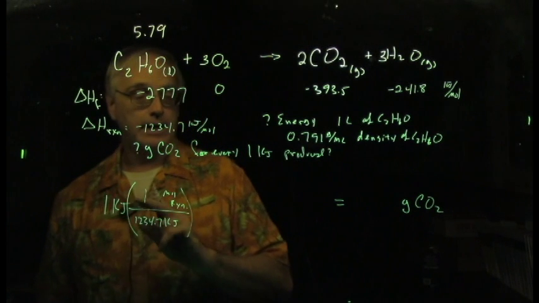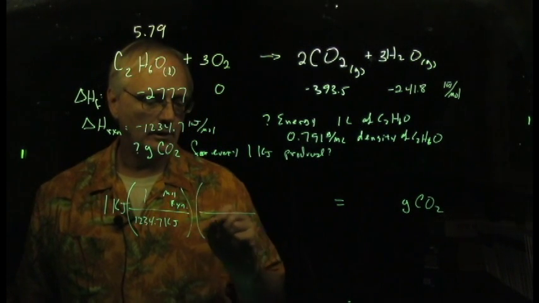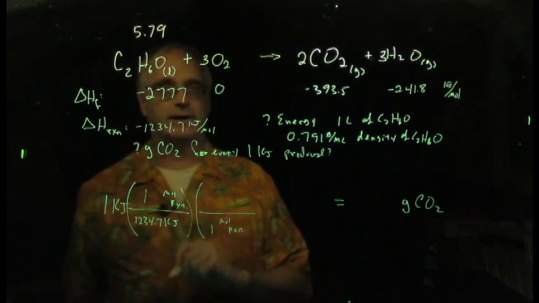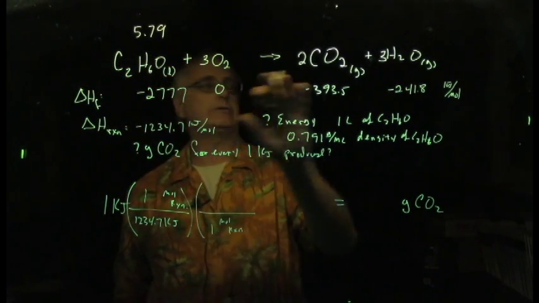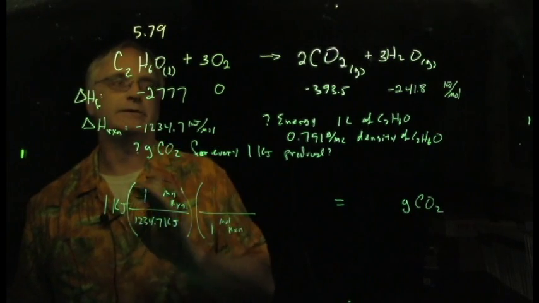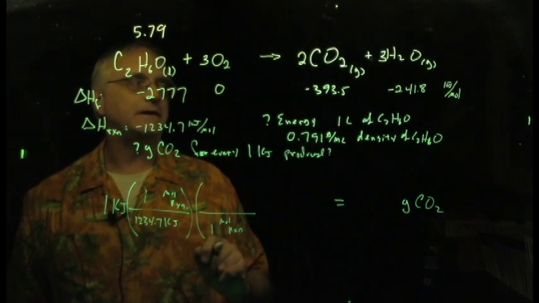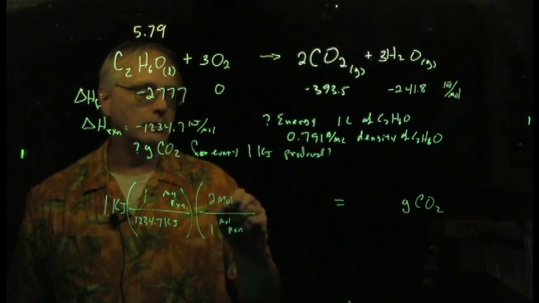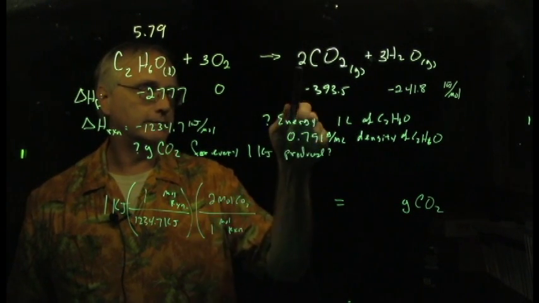Now, 1 mole of reaction, and remember, when I say 1 mole of reaction, I mean the chemical equation written with the smallest whole number coefficients. That's what we have here. 1 mole of reaction features 2 moles of carbon dioxide, coefficient 2.